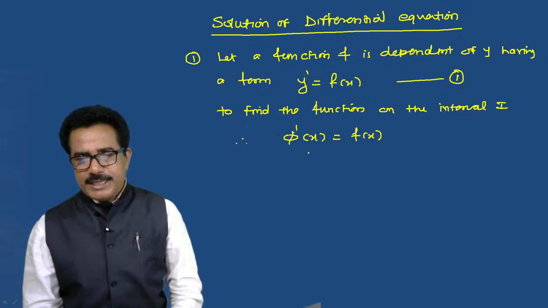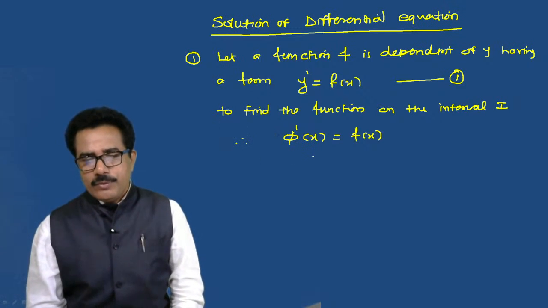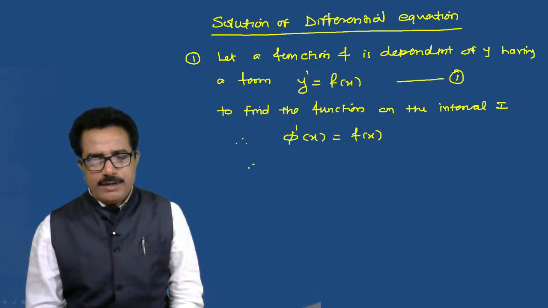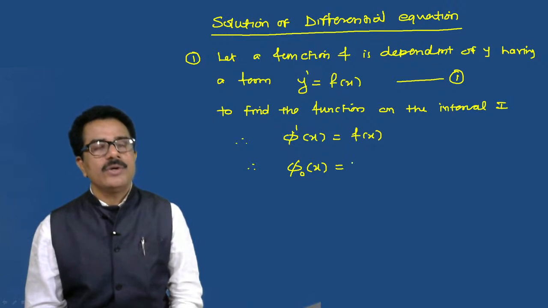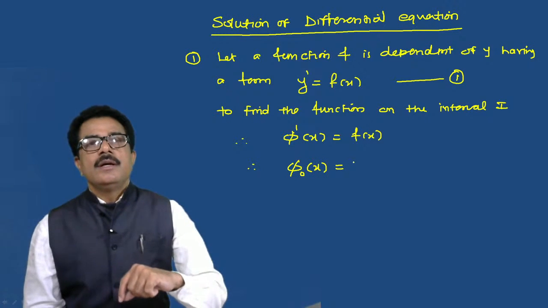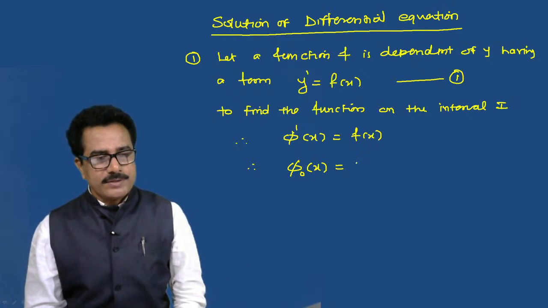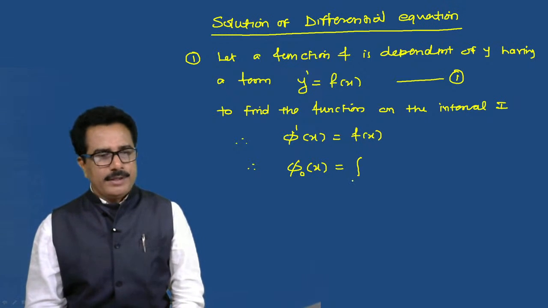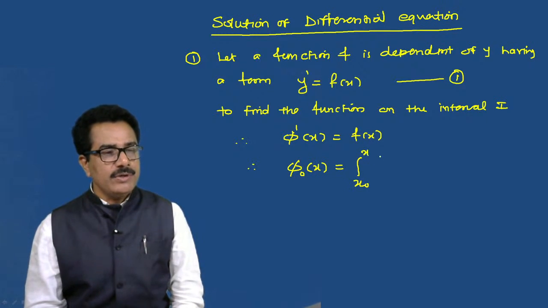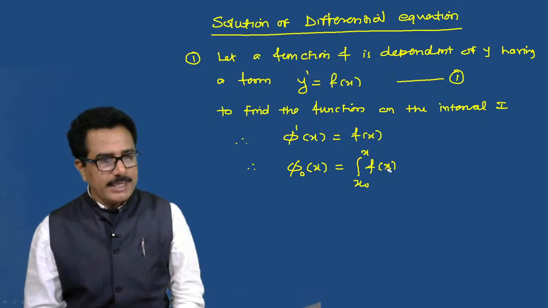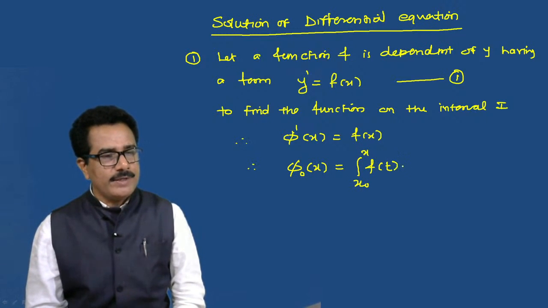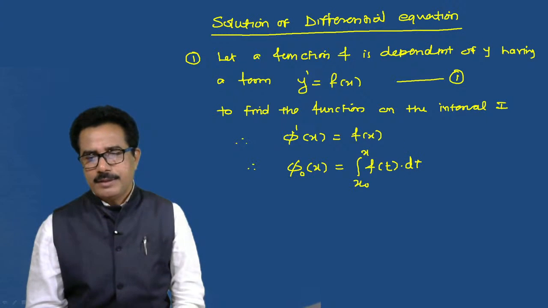So by taking the integration, we can write phi of x, phi naught of x, which is denoted by the integral from x0 to x of f of t dt.